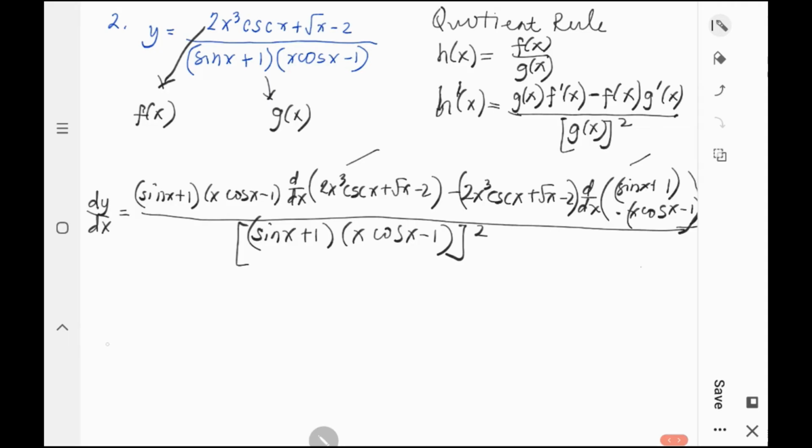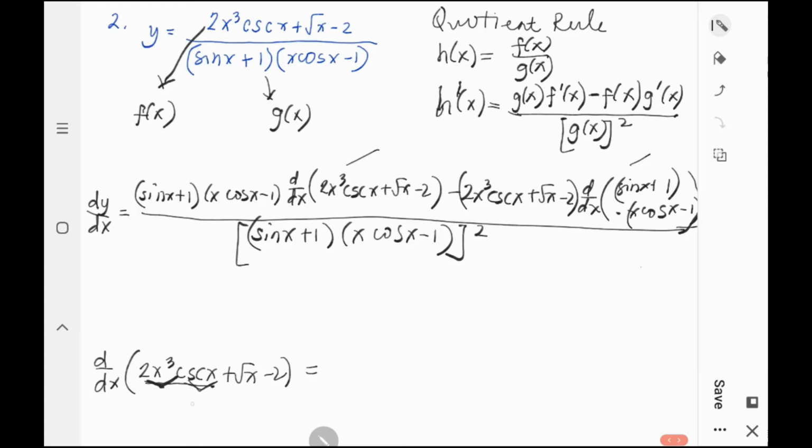So we get the first one, the derivative with respect to x of 2x cubed cosecant x plus square root of x minus 2. What is the derivative of 2x cubed times cosecant x? This is actually a product, 2x cubed times cosecant x.